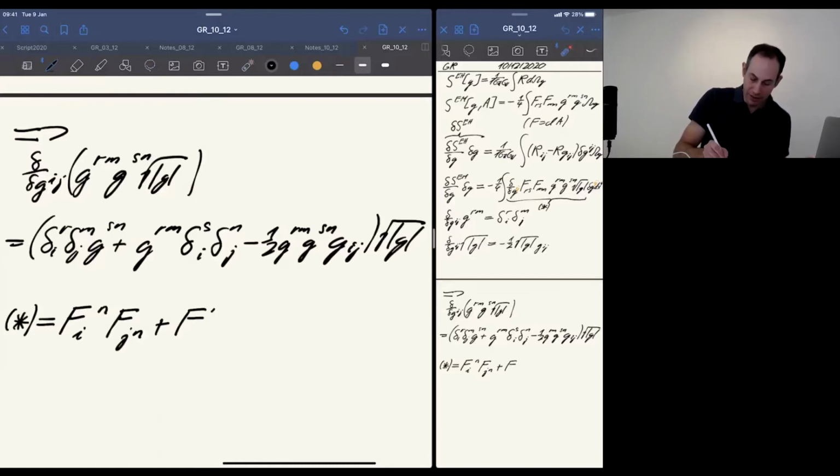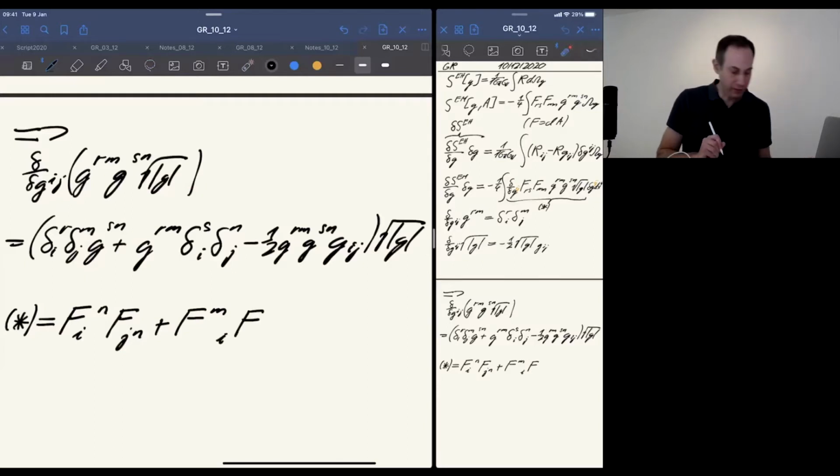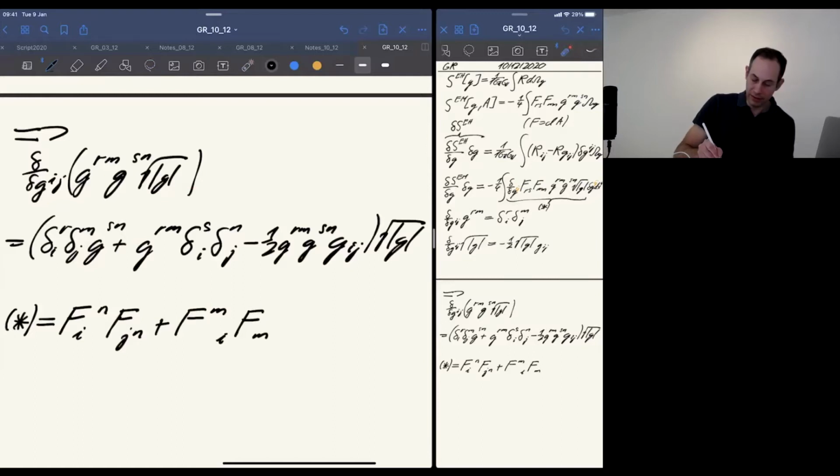It will be an M, and then in the next term, the S will be turned into an I. Then from the other F, the N will be turned into nothing. It will just stay there. And the last index will be turned into a J by the delta function. Okay, now we're almost done.